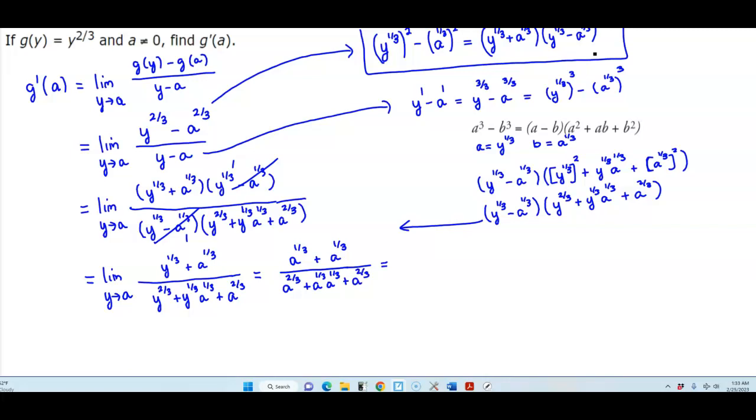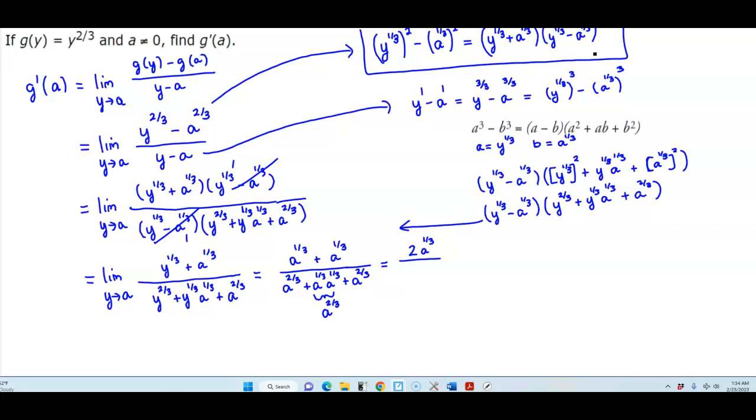Now let's combine in the numerator. If we add those together, we get 2a to the 1/3. And the denominator, when you multiply those together, you're going to get a to the 2/3.